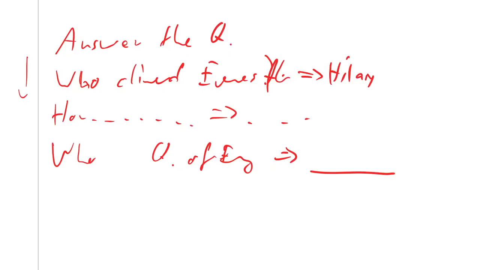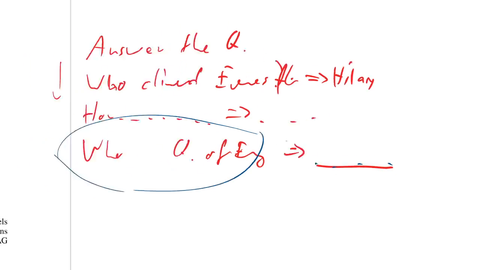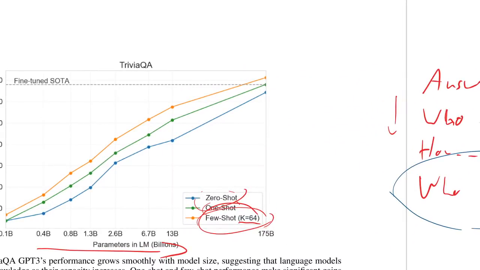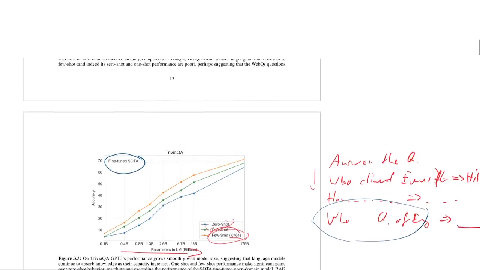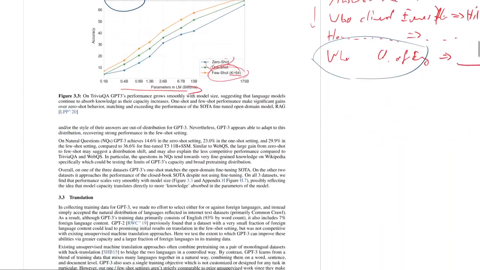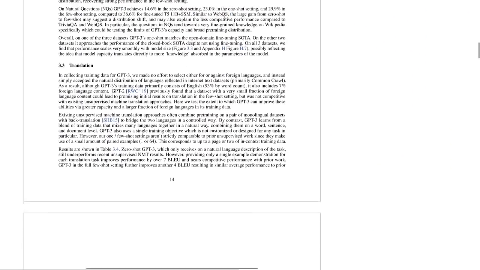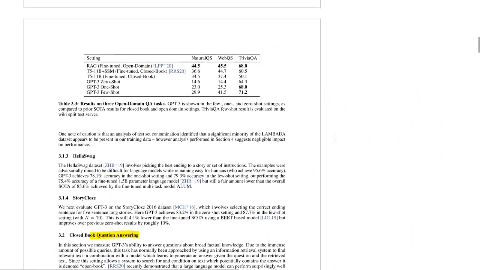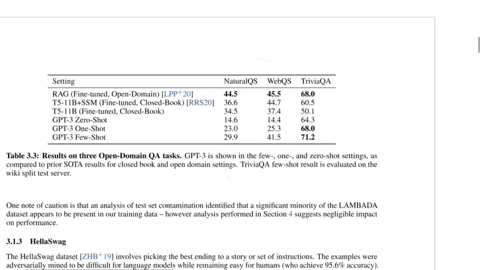So if somewhere in the training data the fact that the Queen of England is Elizabeth II is present, it should complete this right here. And it performs surprisingly well, as you can see here. It manages to outperform a fine-tuned state-of-the-art model that is fine-tuned on question answering. It has been built for question answering, and this model outperforms it by simply having a lot of language.